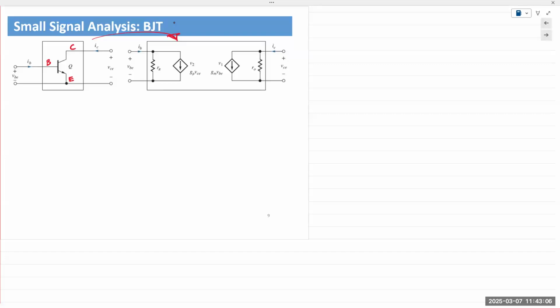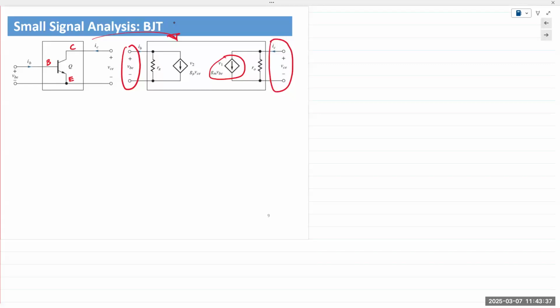All right. So here we have the inputs, which is the base emitter voltage and the base current, VBE and IB. Here we have the outputs, IC and VCE. On the output side, we can model it as a constant current source that is dependent on the input.